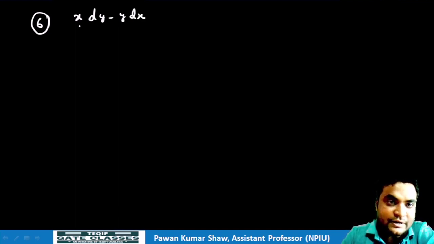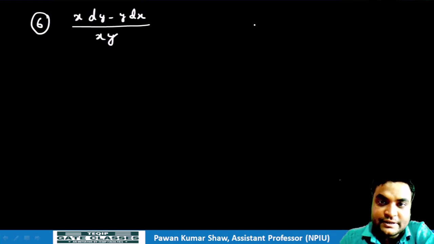Okay, another differential form, number 6: x dy minus y dx divided by xy, and we can write this one as d of log of y by x.